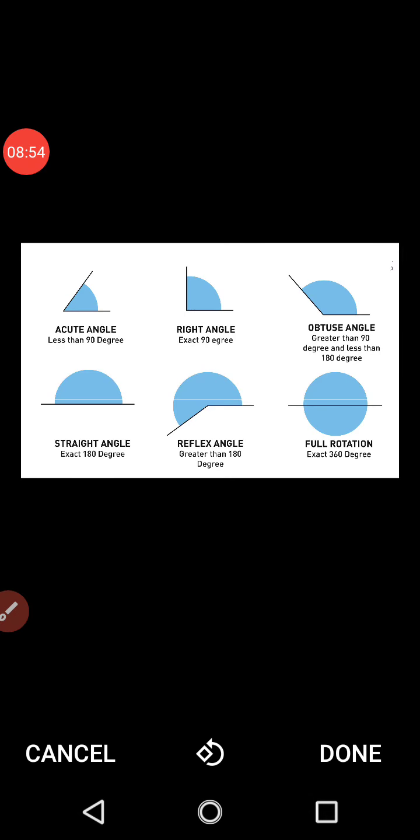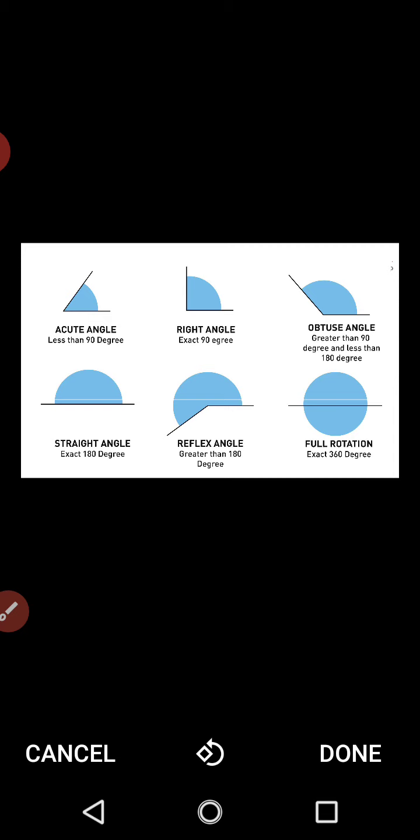Now we will have a brief look at it. First one is acute angle, which means we can consider the angle measure which is greater than 0 and less than 90. Whatever the shaded region is here, this is a representation of acute angle, which means it may be either 30 degrees, 45 degrees, 60 degrees, which is less than 90 and greater than 0.